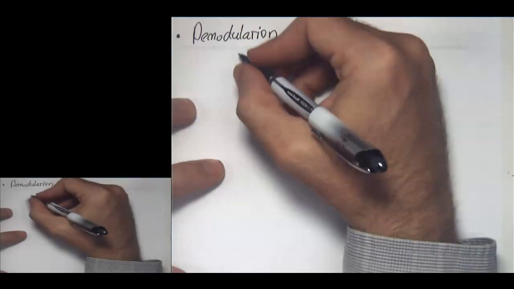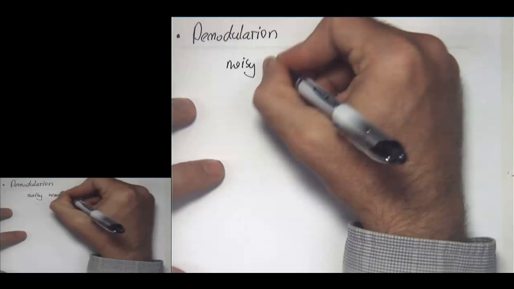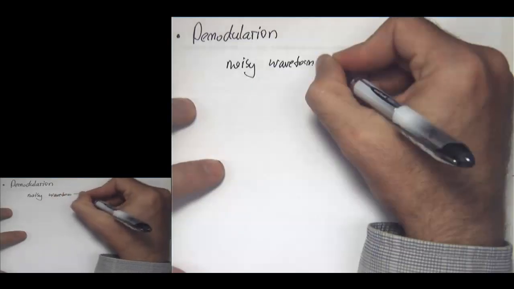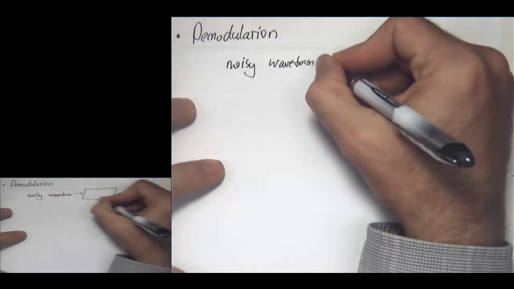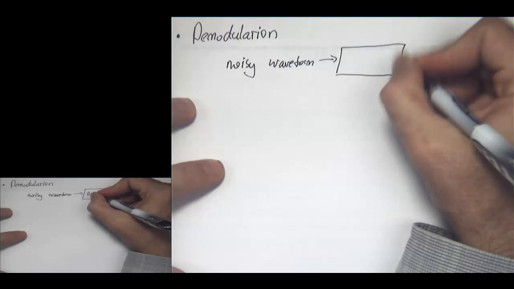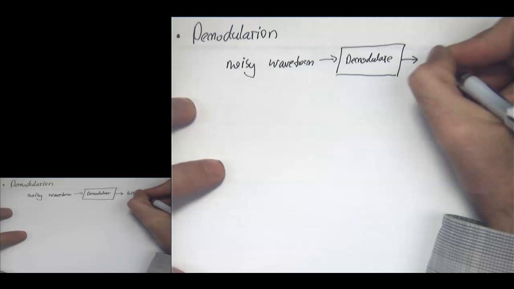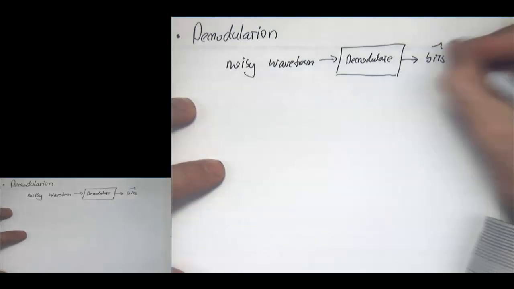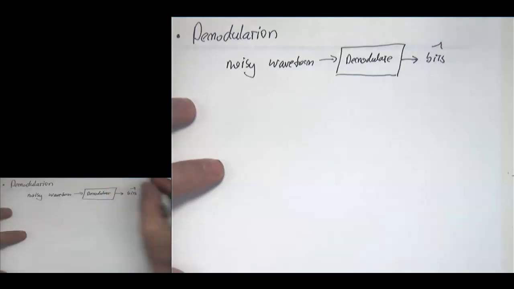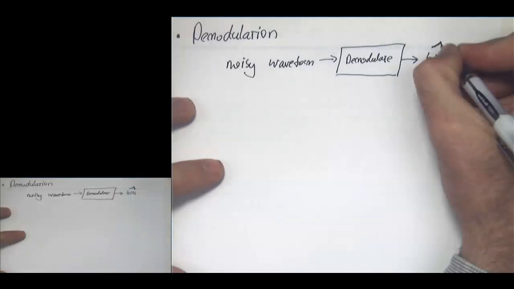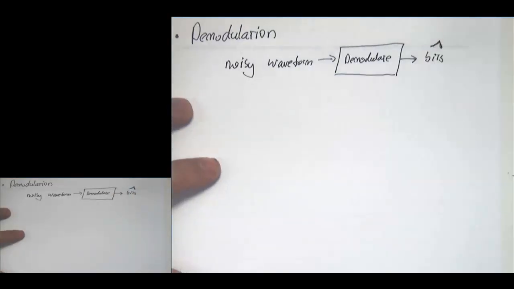It's going to take, at its input, a noisy waveform, and it's going to produce at its output a reasonable guess of the sequence of bits that was sent. And I put this little hat we use in signal processing to denote an estimate, something that is uncertain, the result of making a decision.